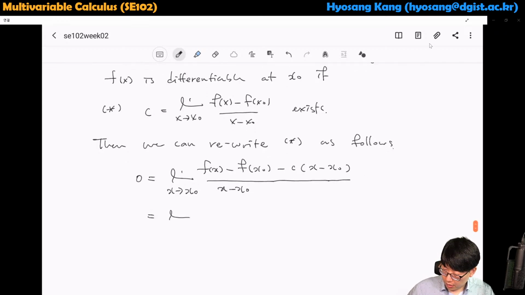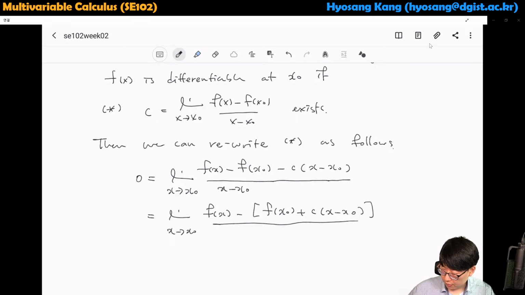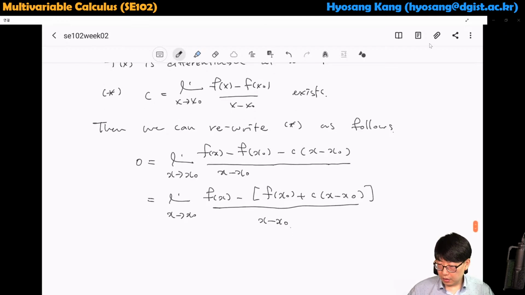Then let's put the parentheses: f(x) minus (f(x0) plus c(x minus x0)), over x minus x0. So what does it look like? In this big parenthesis, this is the function of the tangent line.